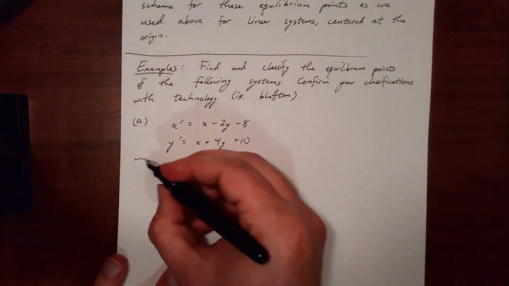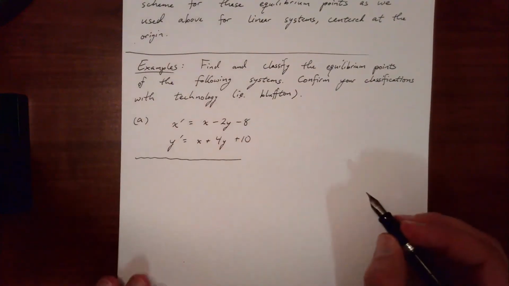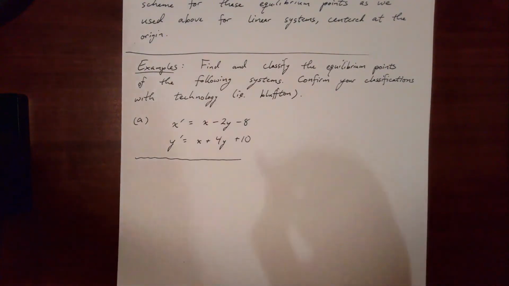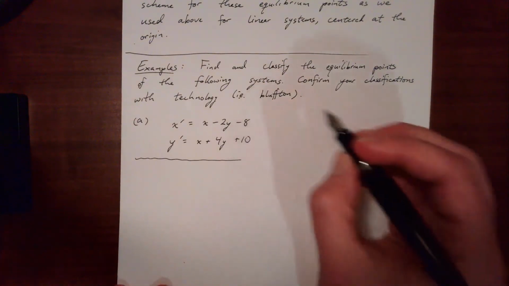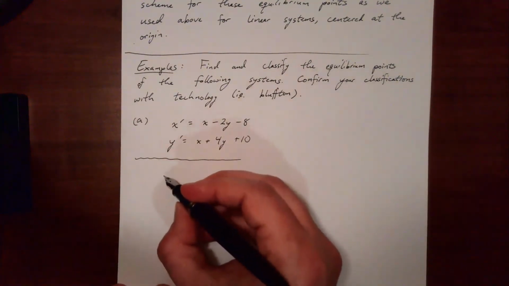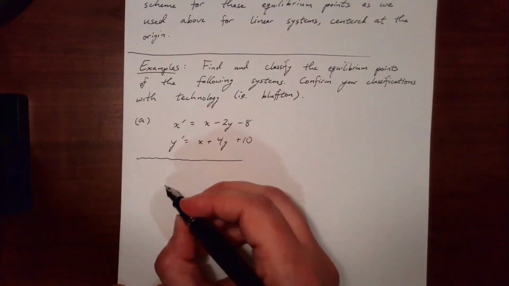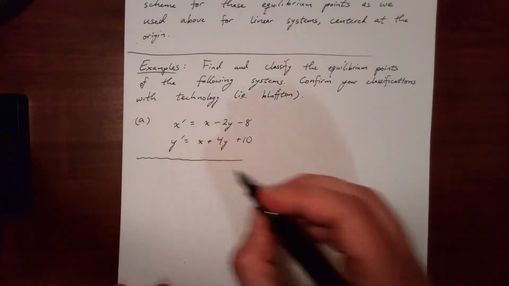Okay, so right now we have a system that is not linear because it has these constant terms on it. But let's just follow our 5-step plan here and see what we get.